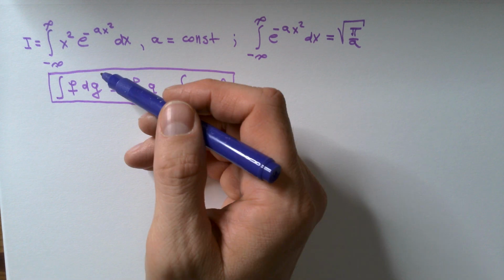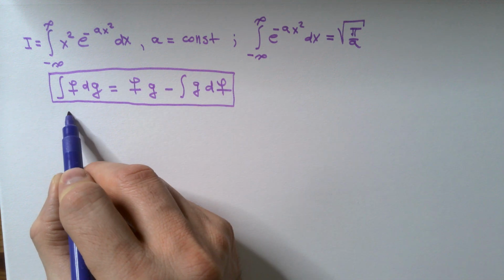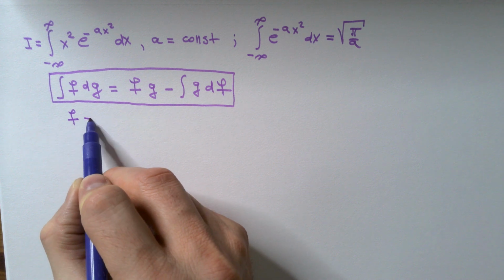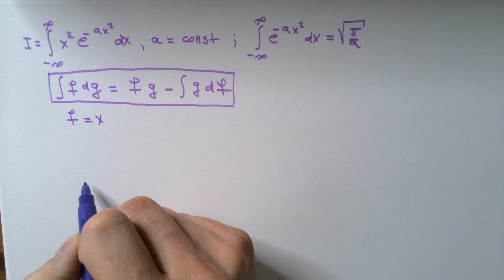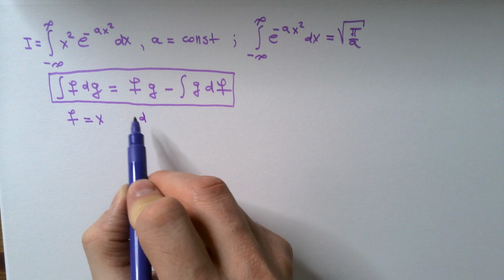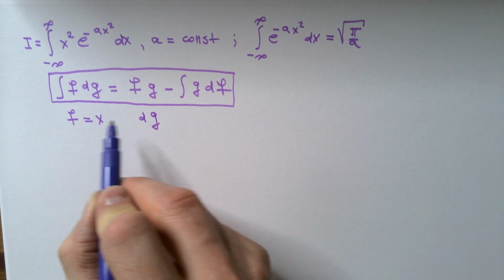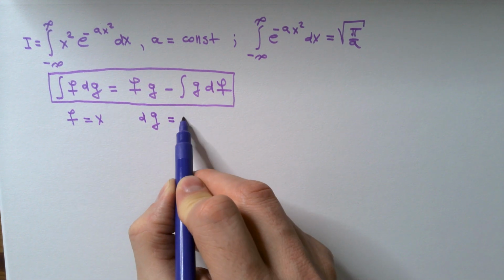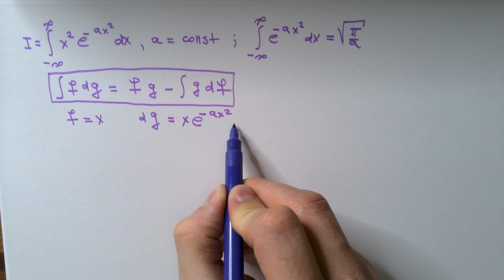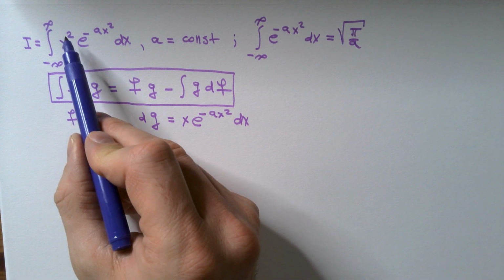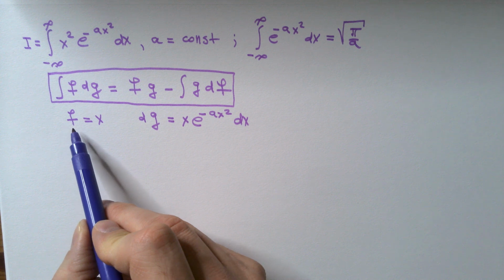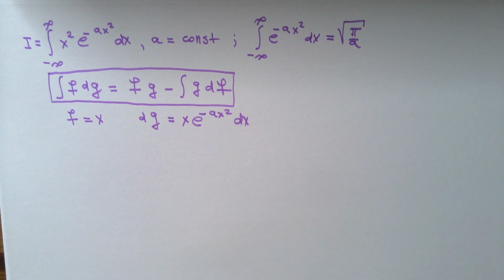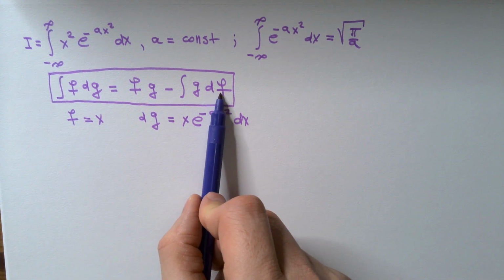In our integral I will say that my function f is equal to x, and my function dg is x e to the negative ax squared dx. As you can see, I picked up just one x from this x squared and called it f, and the rest was dg. At any rate, we see that we need df.